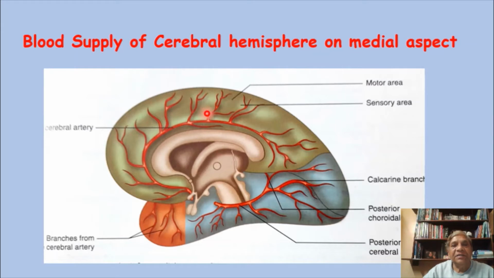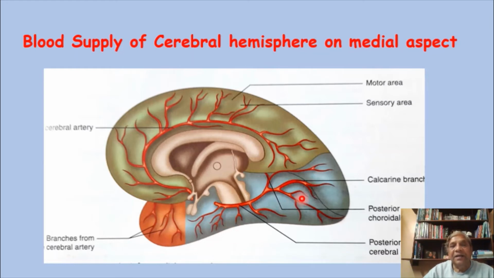See this? This is the anterior cerebral artery. Then, the temporal pole here and an area close to the temporal pole is supplied by the middle cerebral artery, which is shown by a separate color.